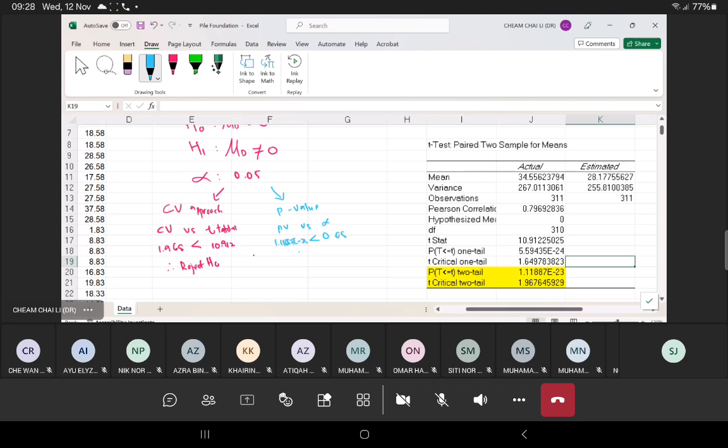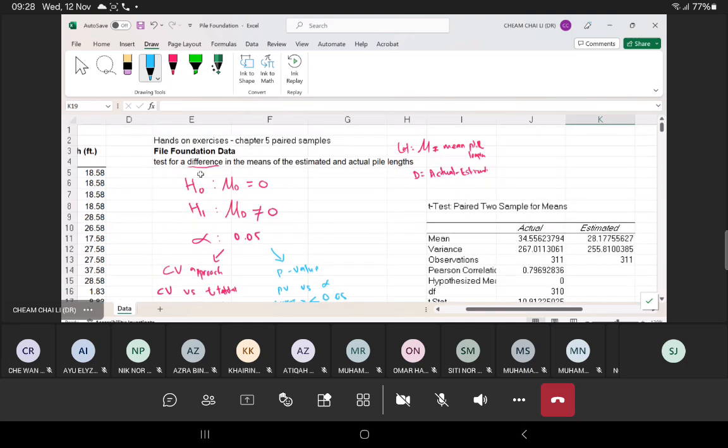Ya, yang ni kita dah lihat kan. So maksudnya you kena anjak ke depan for 23 times. So you have very, very small number, close to 0 but not 0. So that means your p-value is smaller than alpha. So decision, reject H0, right? Your decision is reject H0.